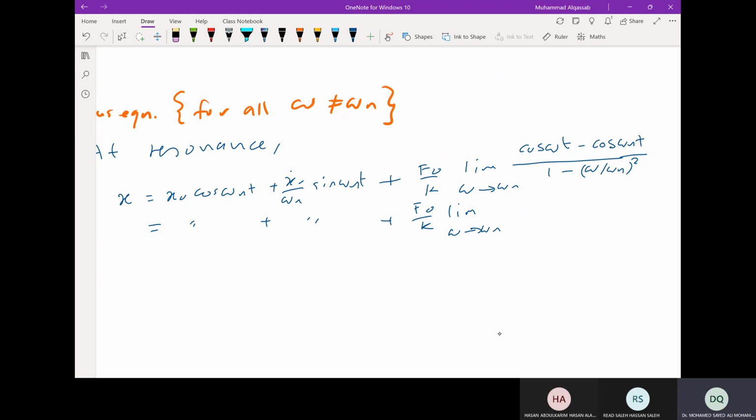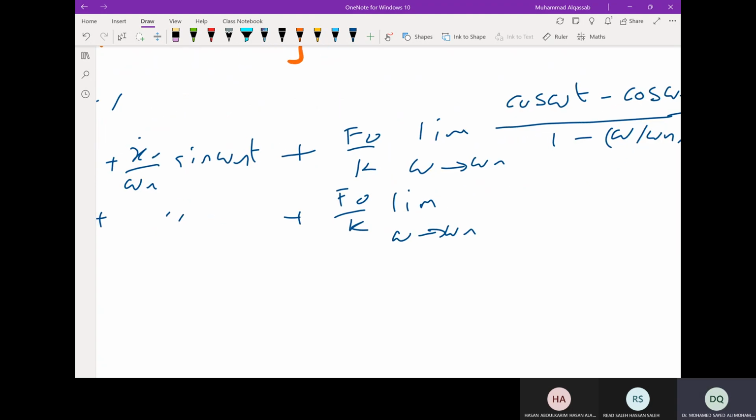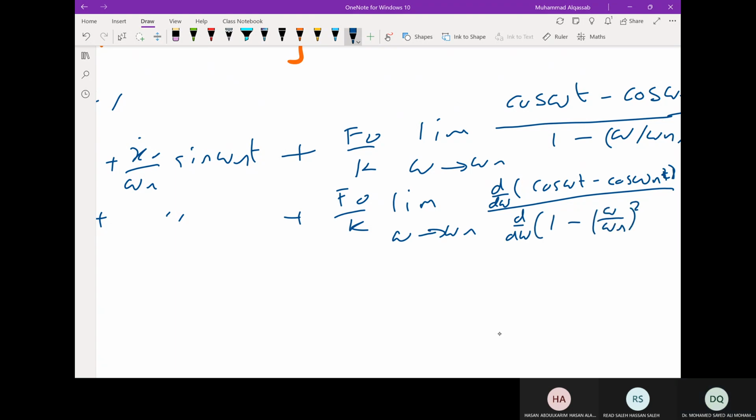Shall I do it step by step? So this will be d by d omega of cosine omega t minus cosine omega n t, divided by d by d omega of 1 minus omega over omega n squared. Okay, this is the L'Hopital rule.